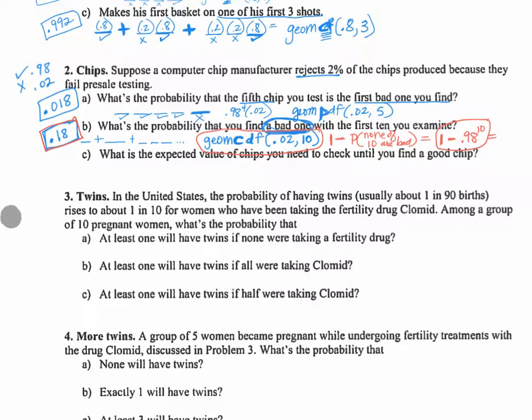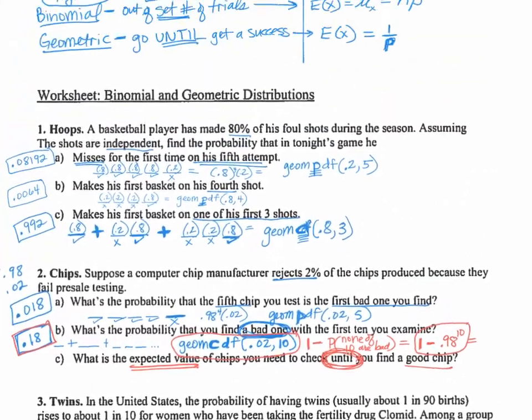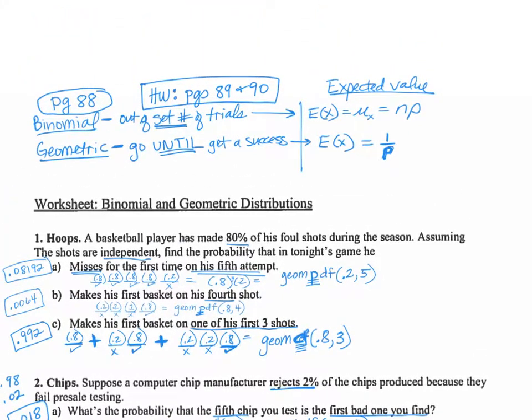All right, last geometric one here. What is the expected value? How many are you going to have to check until you get a good one? Well, if you look up here, how many do you expect to check until you find a good one?